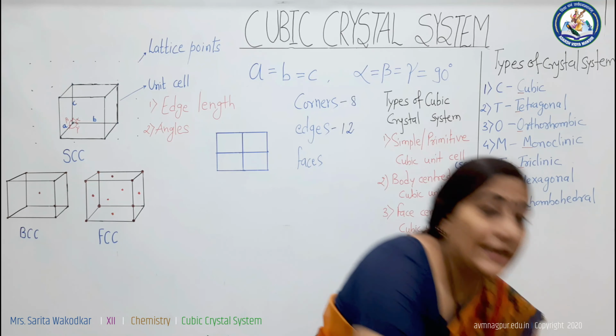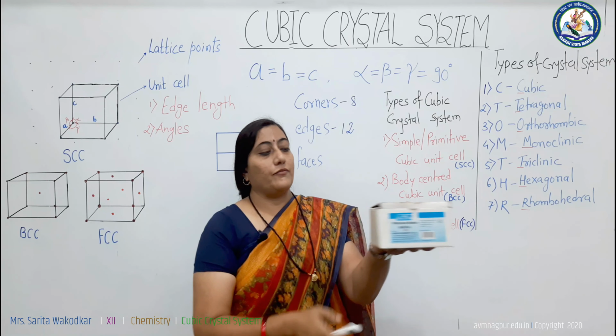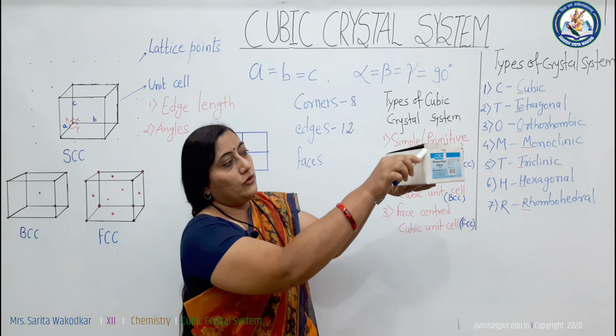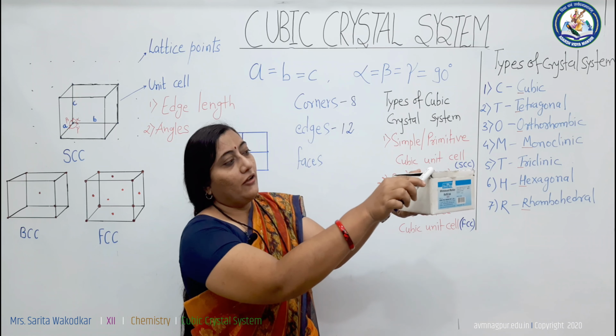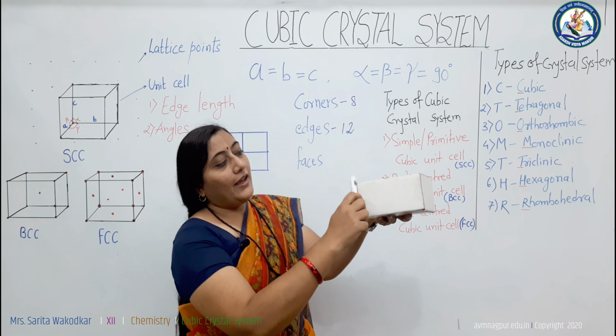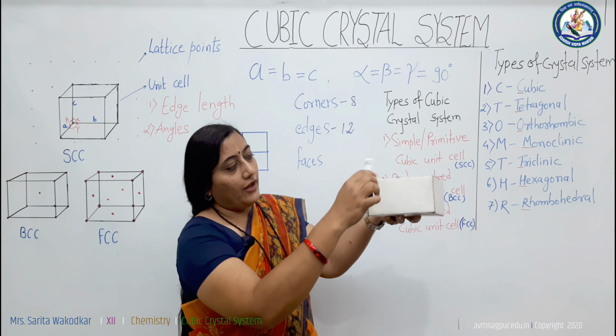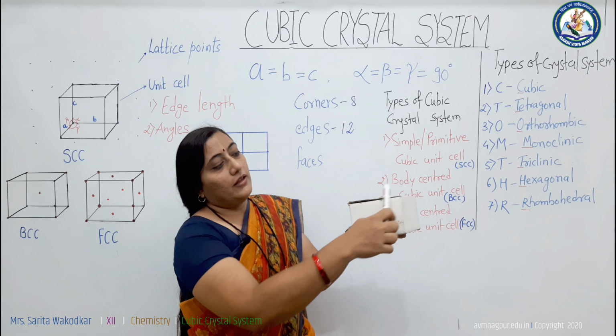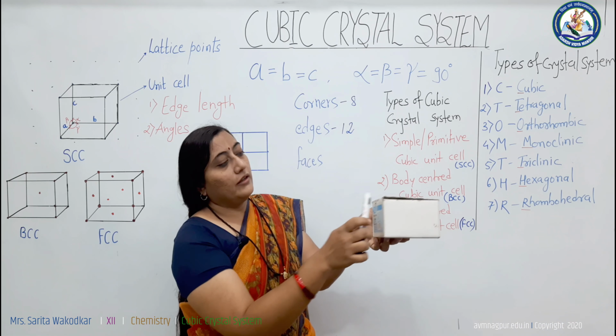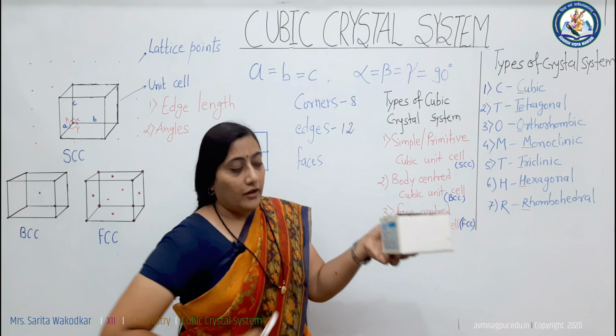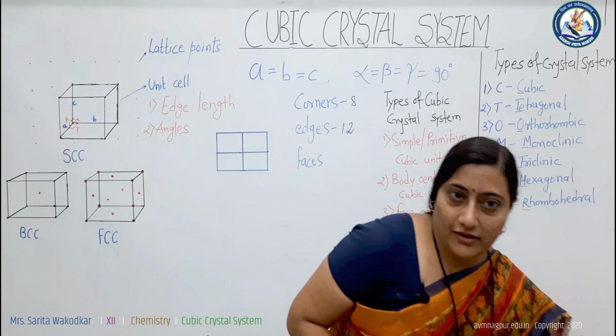See, total 12 edges are there. 1, 2, 3, 4, 5, 6, 7, 8, 9, 10, 11 and 12. In this way, 12 edges are there.